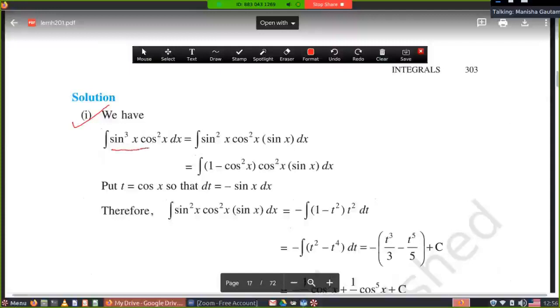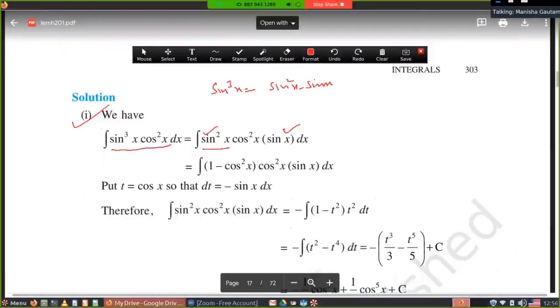As you know, you have to convert the question into the standard form. Before we start to do substitution, sometimes we have to do some simplification. Here we break the power sine cube x. We wrote it like this, sine square x into sine x.